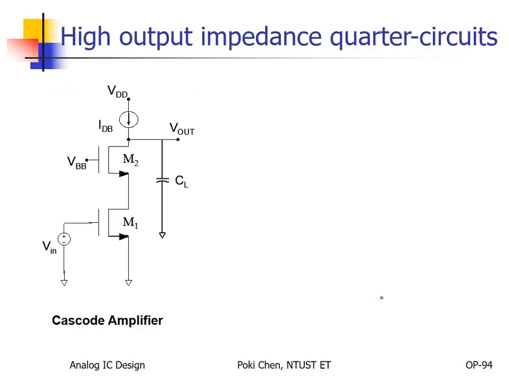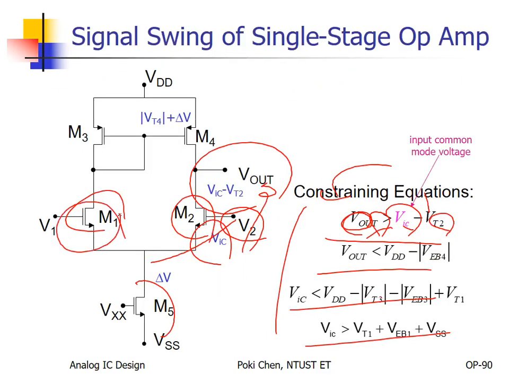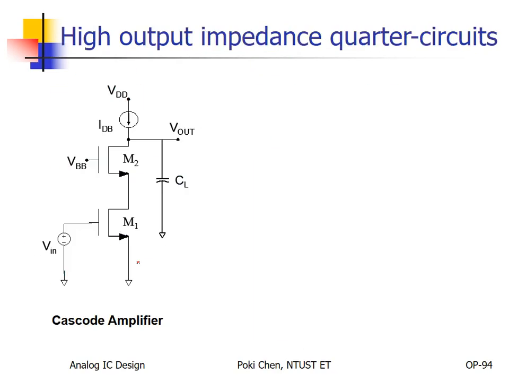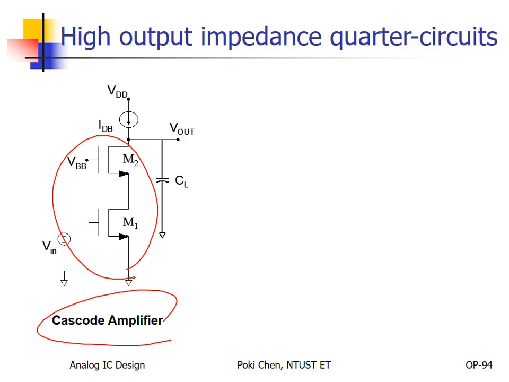So, how to enhance the gain? From the differential amplifier, because the quarter circuit is only a common source amplifier. With such a common source amplifier, actually, the ro is not good enough. And how to enhance your output resistance? The easiest way is cascode. All right. So let's modify our quarter circuit from a common source amplifier to a cascode common source amplifier.